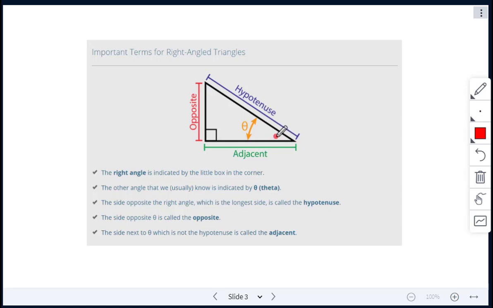Across from that angle is the side called the opposite, and beside that angle is the side called adjacent. Adjacent means beside. Based on this angle, we know that this is opposite, this is adjacent, and the hypotenuse always stays the same. Hypotenuse is always found across the right angle.